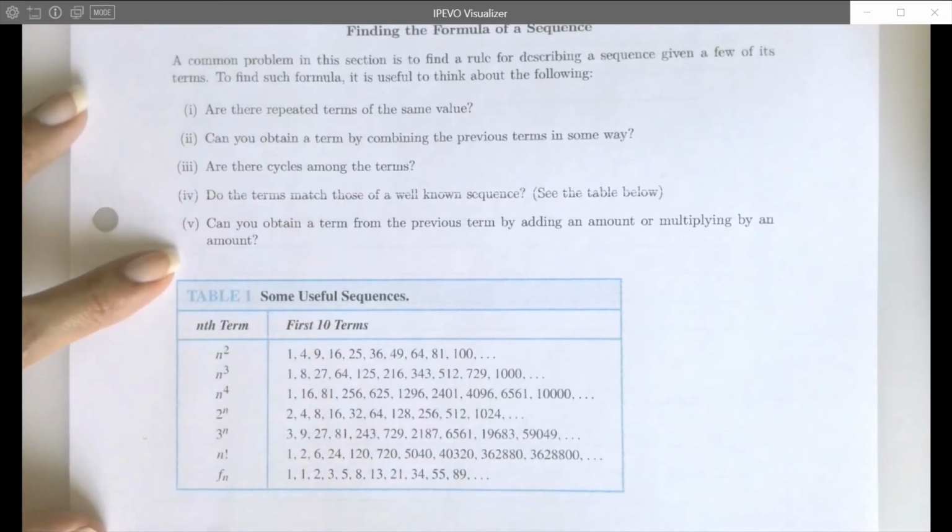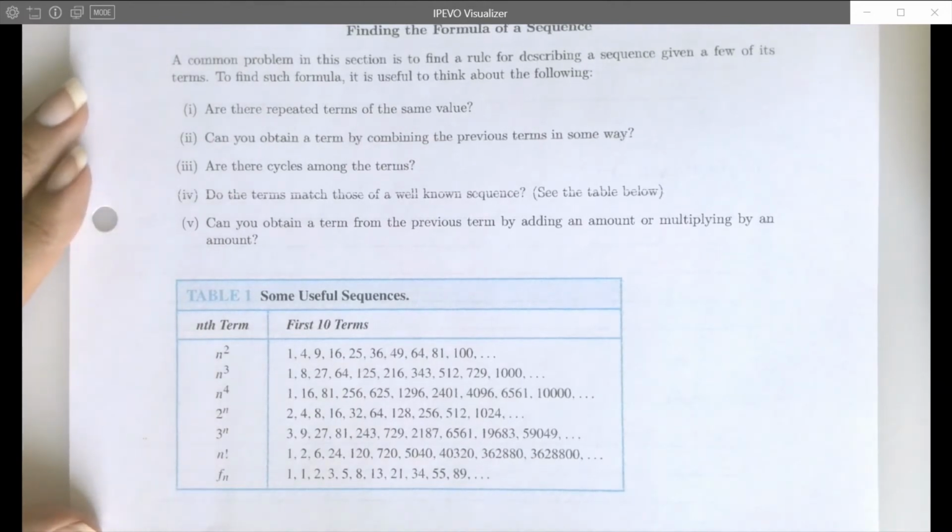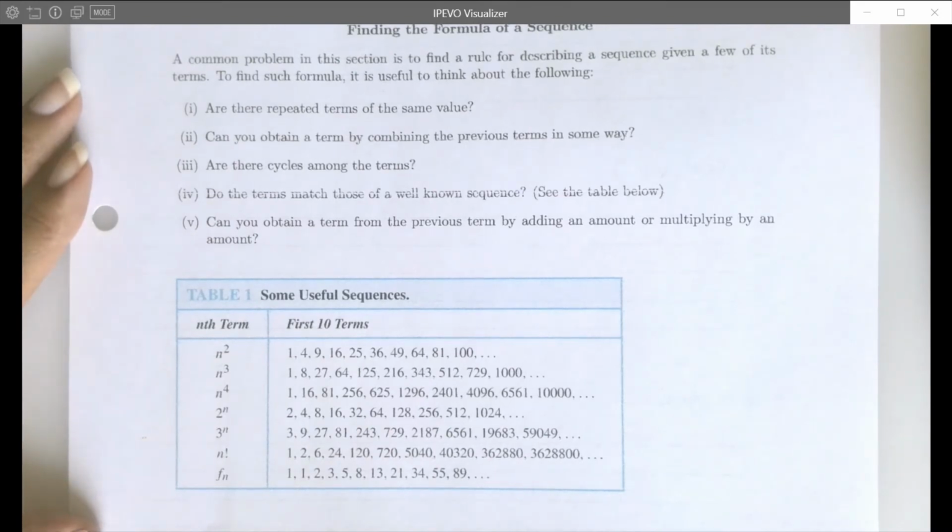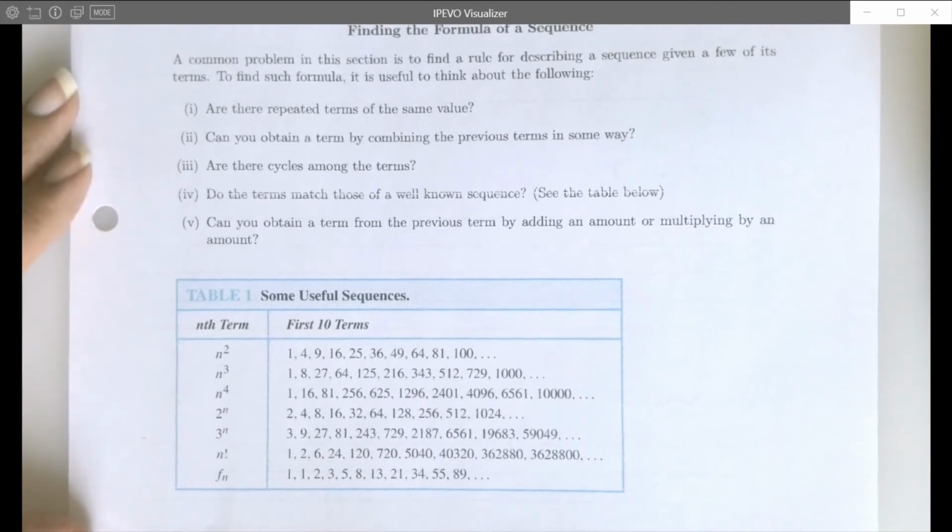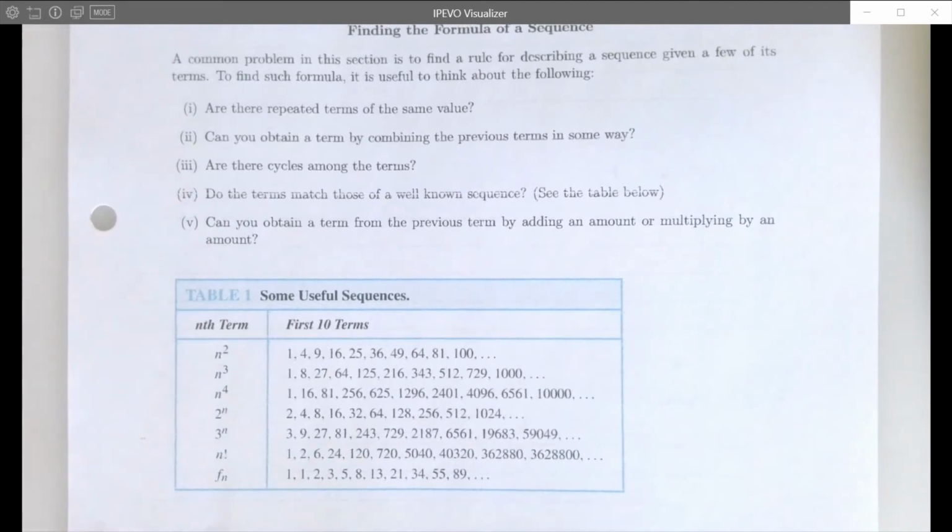Can you obtain a term from the previous term by adding an amount or by multiplying an amount? Again, if you're adding an amount, that would be an arithmetic sequence. If you're multiplying an amount, that could potentially be a geometric sequence, or also maybe an arithmetic sequence.